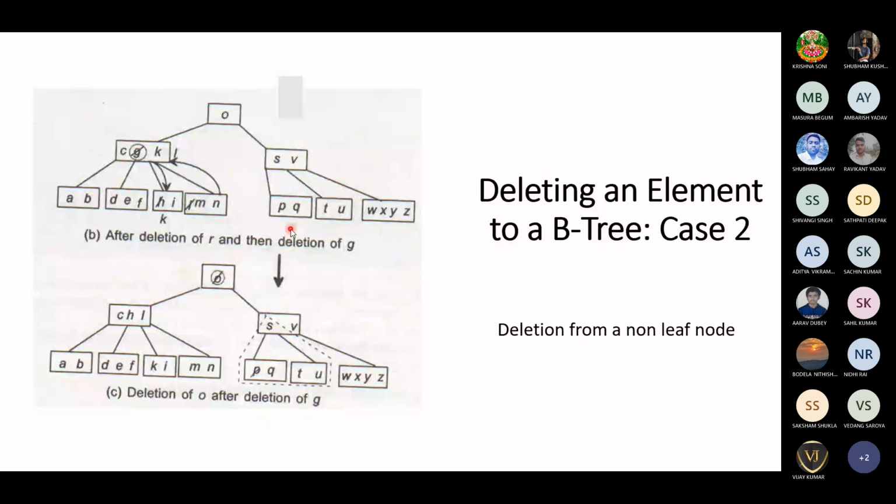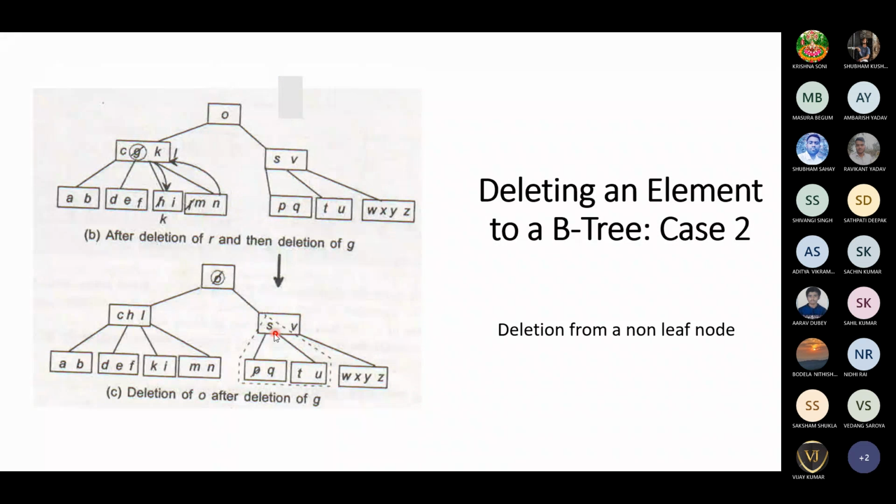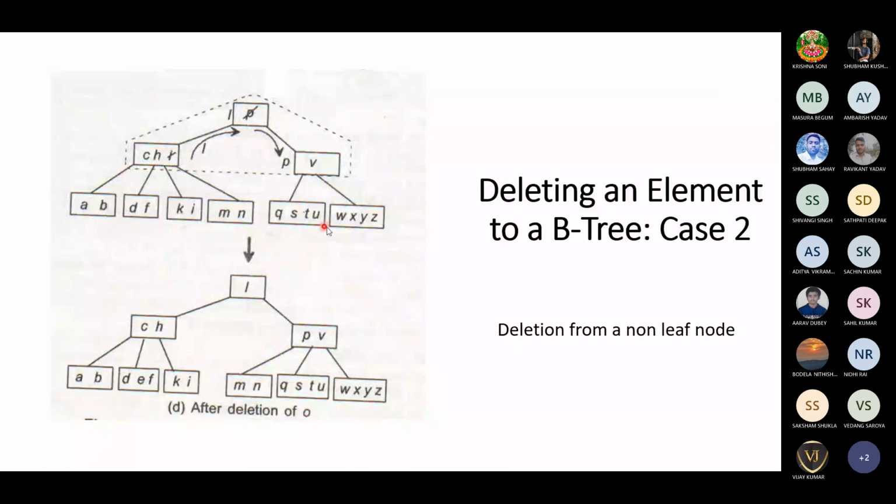When Q is the only one node, it creates some imbalance. So we will try to club these 4 nodes. Then this will look like this. P will go to the root node. V will be left alone. QSTU will become one node.